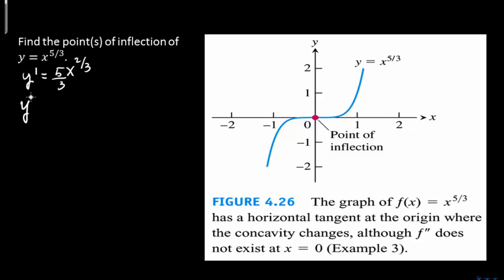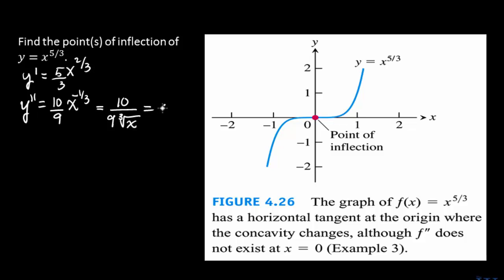Now you take the second derivative. So you multiply 5/3 times 2/3, you get 10 over 9, x to the 2/3 minus 1, which would be negative 1/3. And if we put this at the bottom, because it has a negative exponent, we get 10 over 9 cube root of x, because x to the 1/3 is the same as the cube root.